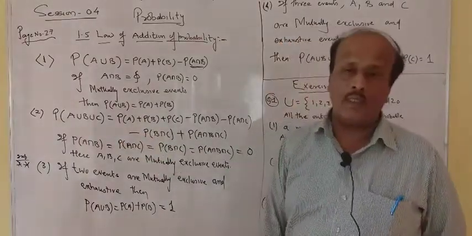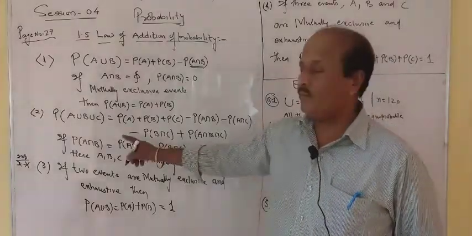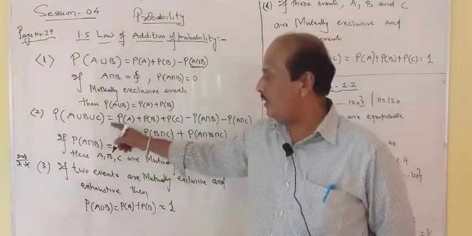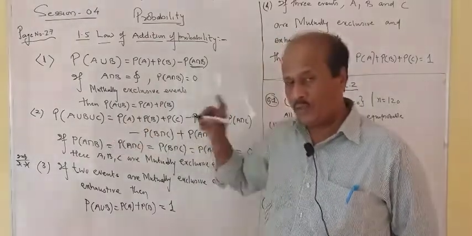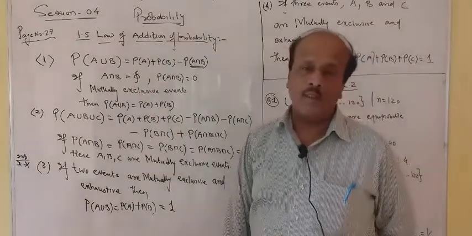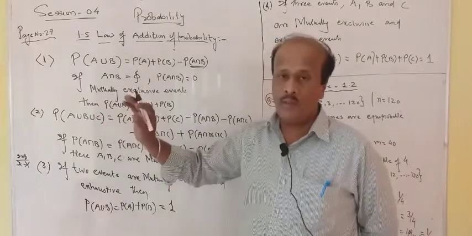A, B and C are 3 non-empty events, meaning they have some elements. Then probability of A union B union C is equal to, you will have to remember this formula. In your book it is clearly given that proof is not required, so we will accept this formula without proof.